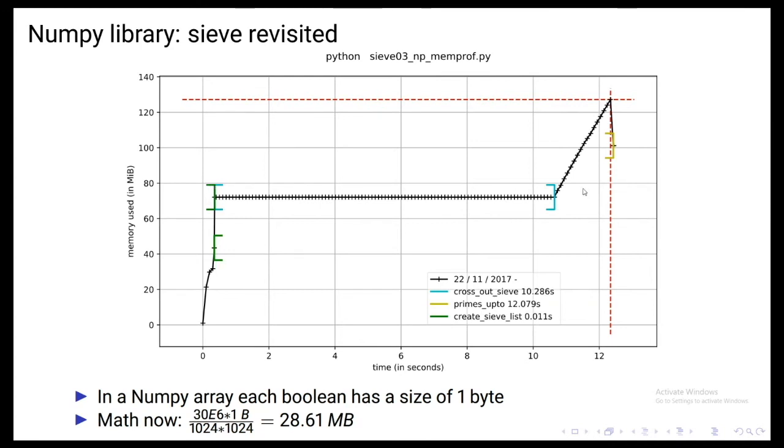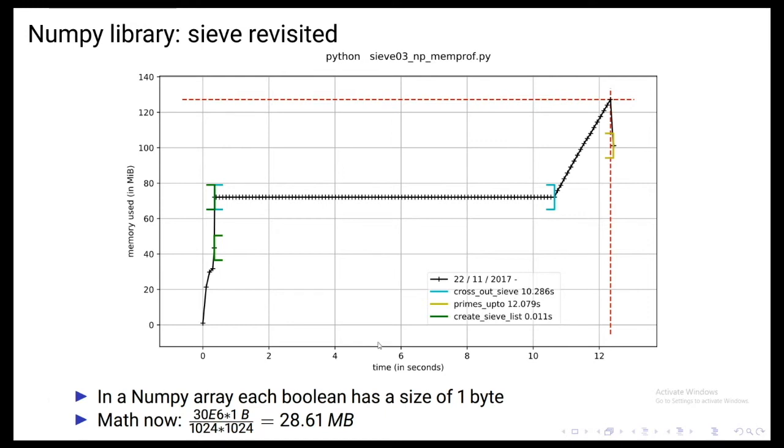It's comparable with the Python list, even less than the Python list being returned. We could optimize that too, but so we have just a 30 megabyte jump, then constant during the crossout, and here we still have a Python list being returned.